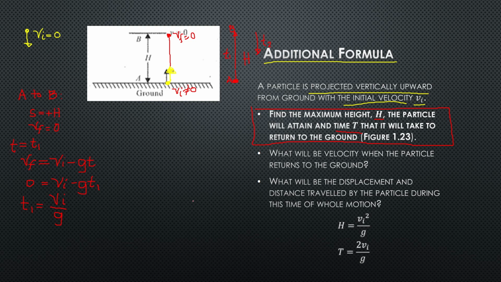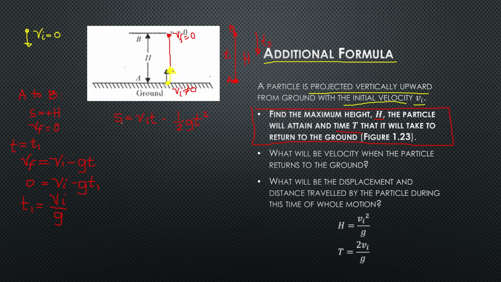Now let us consider distance or displacement. S equals initial velocity times time minus 1/2 g t squared.